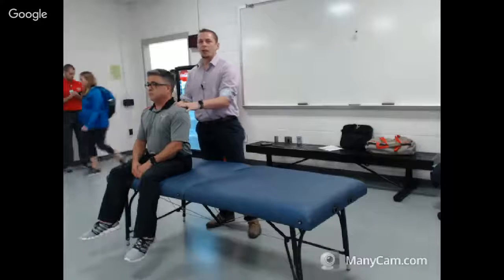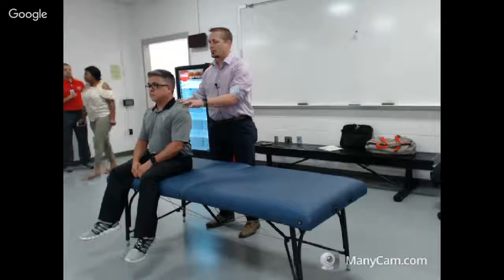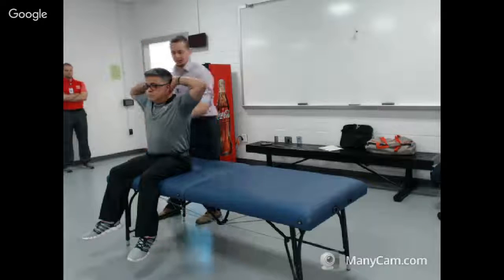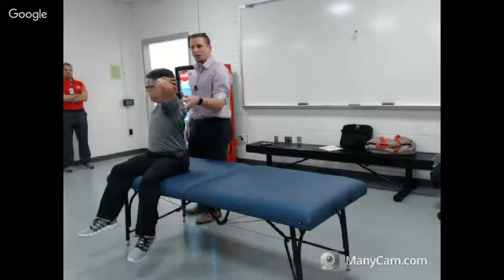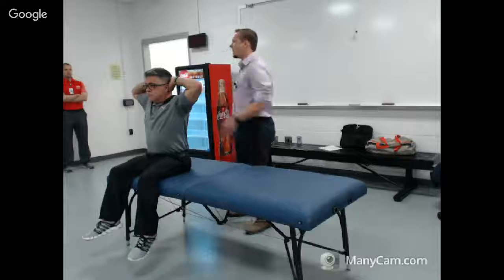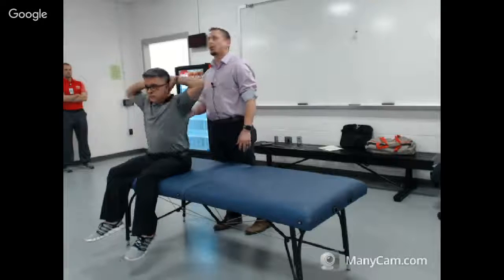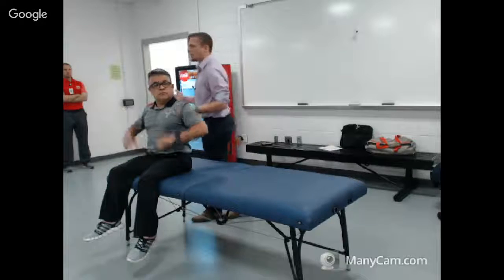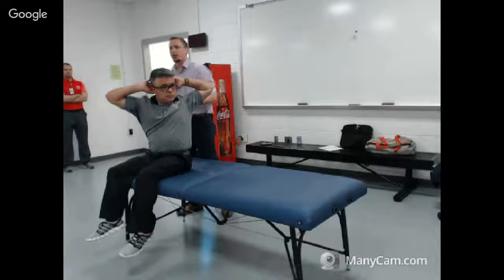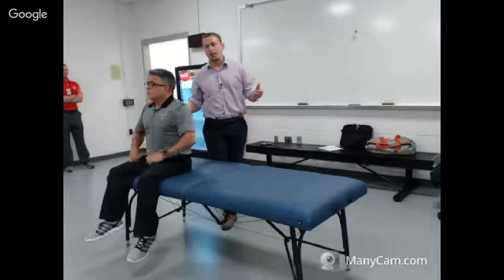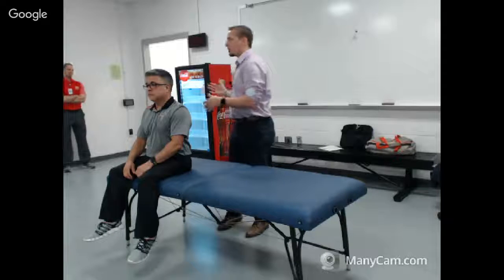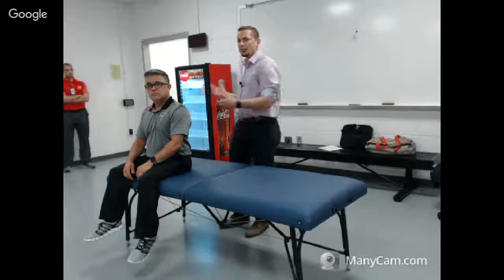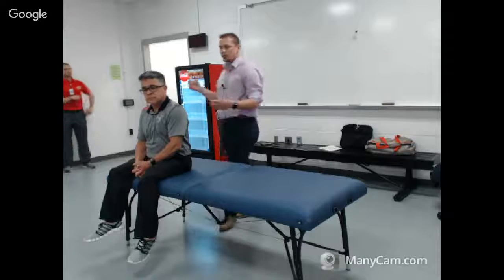The other thing I'm going to want to look at is how well does he rotate? So can you put your hands behind your head for me? And then just try to rotate to your right. Good. And I'm looking for any limitations that might be caused through limitations in the thoracic spine. Okay. I'd have him do that to the left side as well. Now, typically, if they're a pitcher or a batter, if they're right-handed, they're going to be able to rotate more one way than the other because they do it all the time when they're swinging their bat or winding up for their pitch, right?